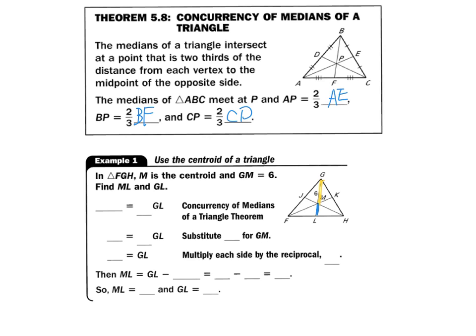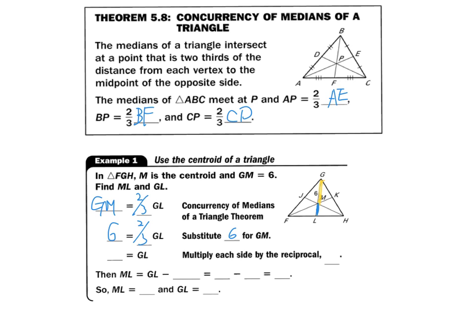We know that because it's given that M is the centroid, GM is 2/3 of GL. And we were also given that GM is 6, so we just substitute that. We would have 6 equals 2/3 of GL. There we substituted 6 for GM.